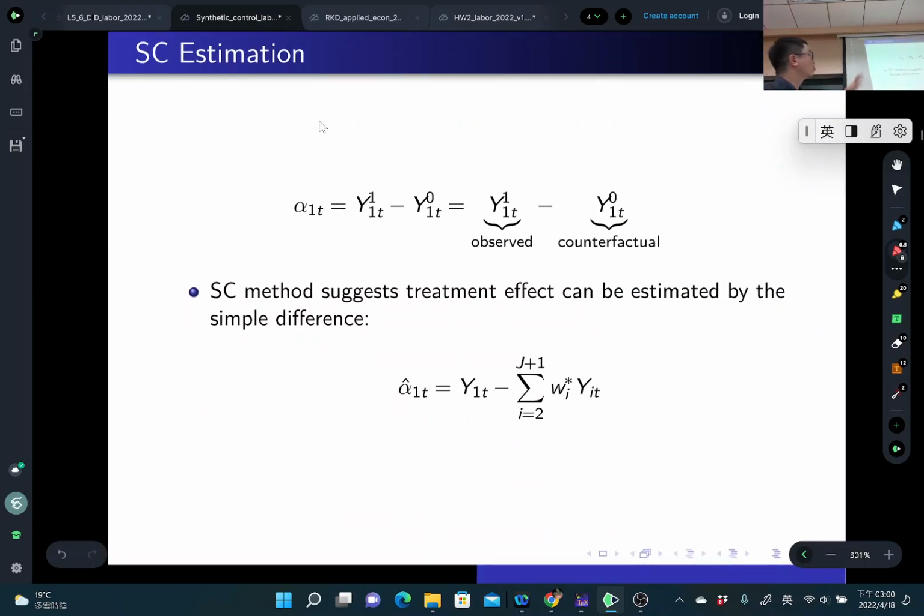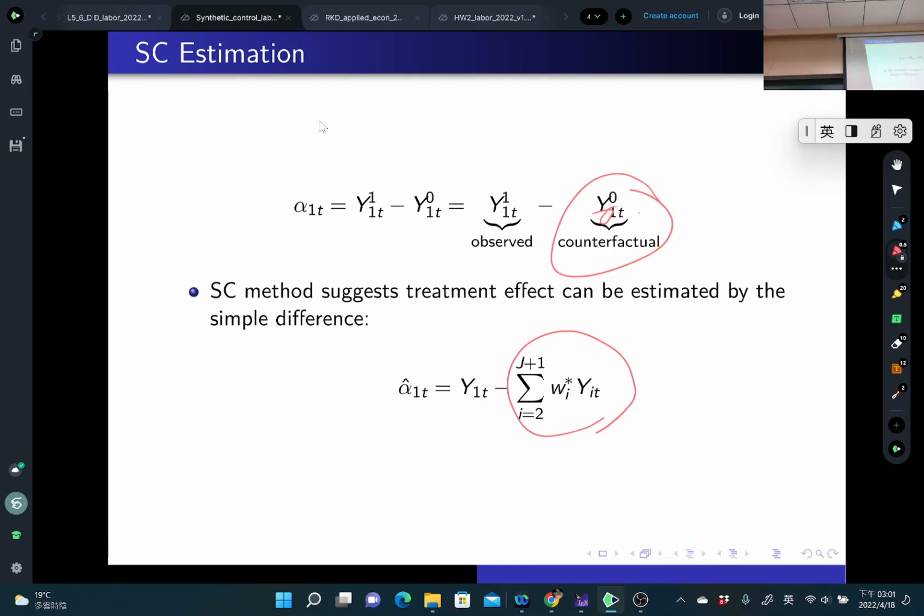So for the synthetic control method, as I said, the goal is to construct the Y0 counterfactual for the treated unit 1, California. The synthetic control method suggests the treatment effect can be estimated by replacing this unobserved Y0 with this: the weighted average over other states. They are observed outcomes. And how to choose the weight is the key.